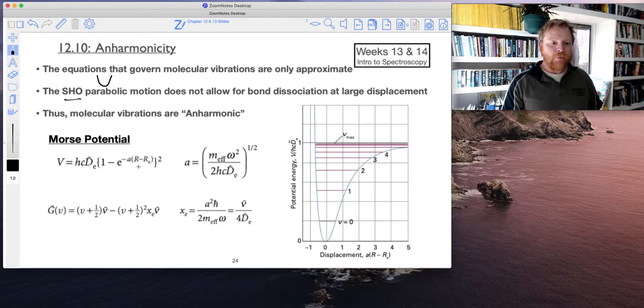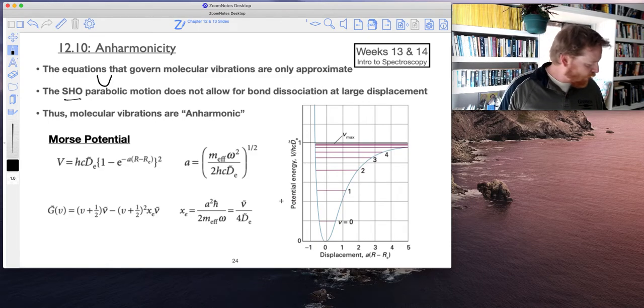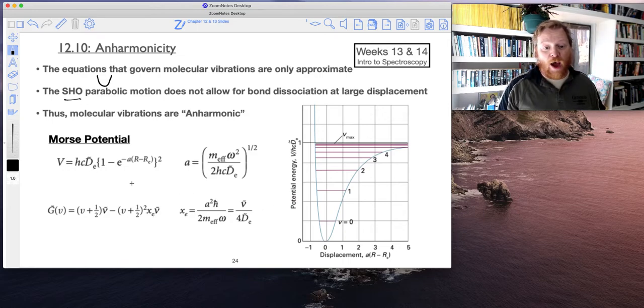And so here is the equation that governs the Morse potential. What's important to note here is that D_e gives us the depth of the well. So this quantity right here gives us the full depth of the well.